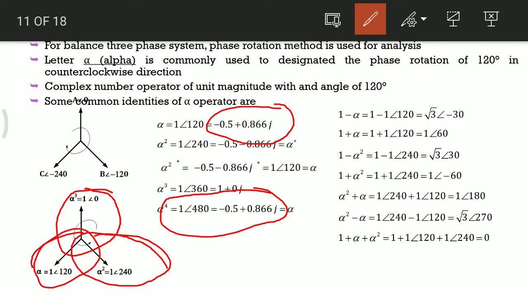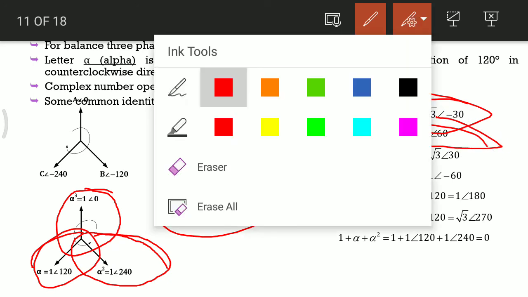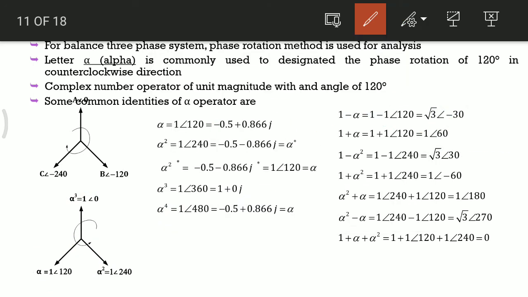Okay, now let us do some more mathematical calculation with alpha. If we do 1 minus alpha, then we get this value. If we add alpha to 1, then we get this value. And if we do 1 minus alpha, then we get this value. So you don't need to mug up all the values.